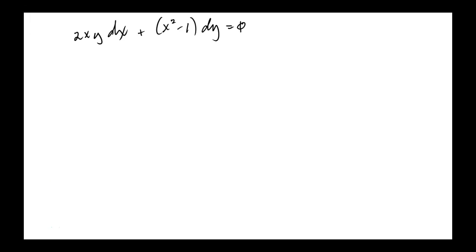Since it is an exact differential, that means there is some function, f of xy, equal to c, that satisfies that differential equation. That's the given here. Since that test worked, we know there is an f. So where do you want to begin?